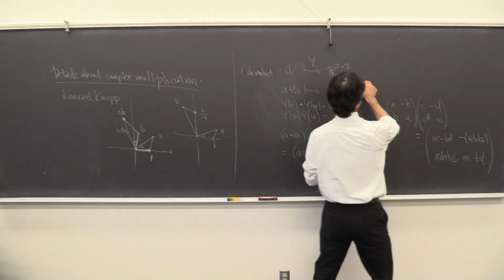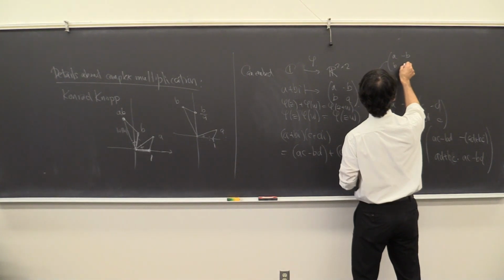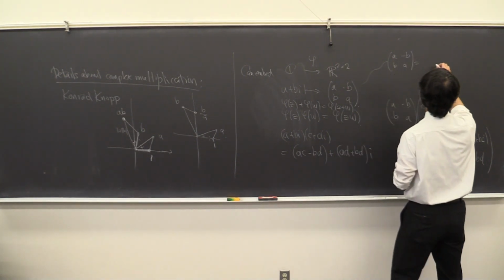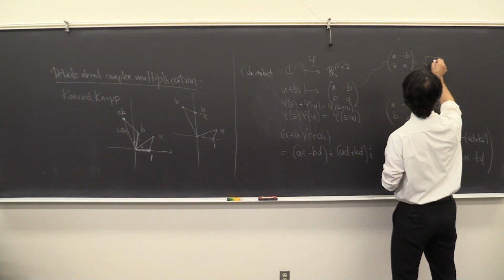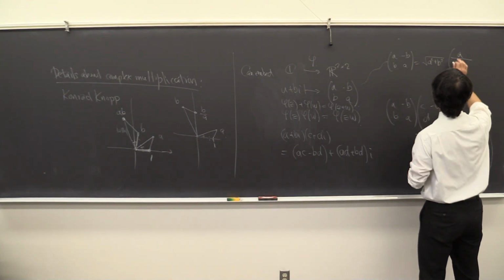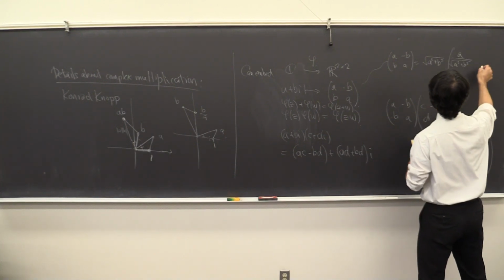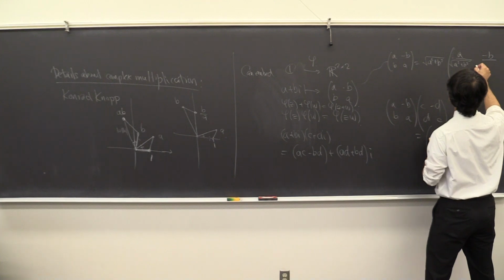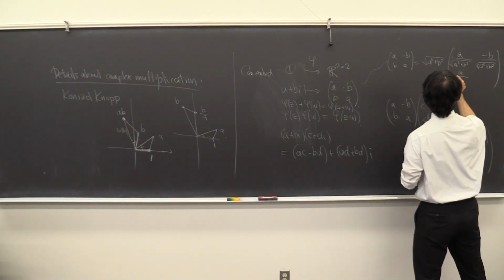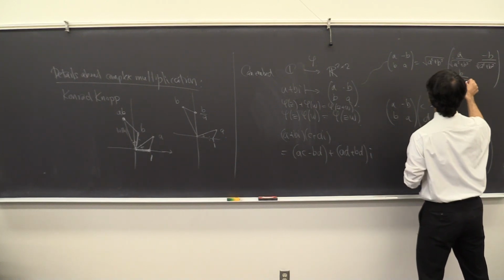And if you think about this a little bit, you can actually write this matrix with rows A, negative B and B, A by factoring out the square root of A squared plus B squared: A over the square root of A squared plus B squared, negative B over the square root of A squared plus B squared, B over the square root of A squared plus B squared, A over the square root of A squared plus B squared.